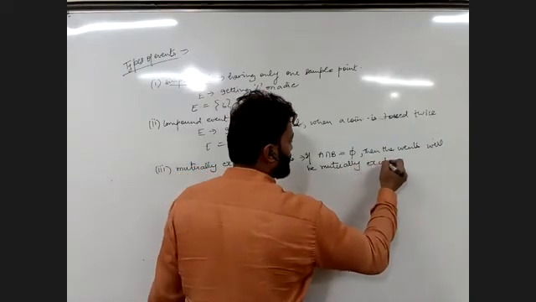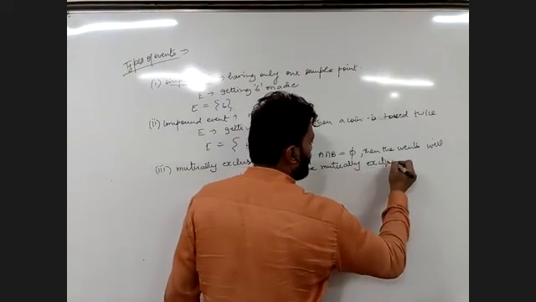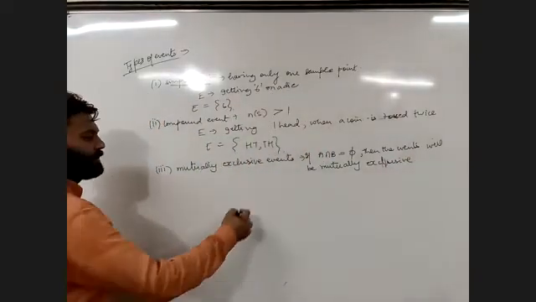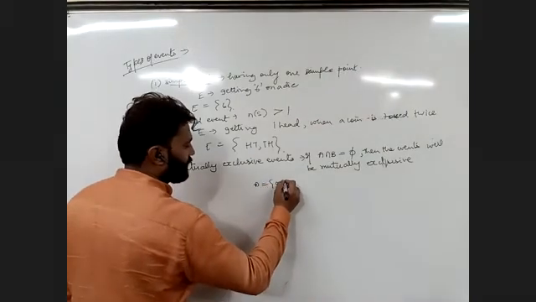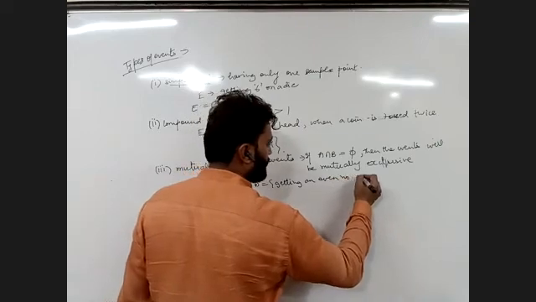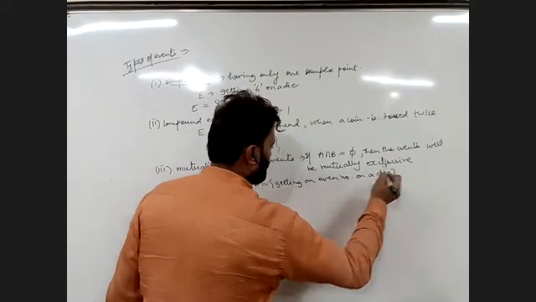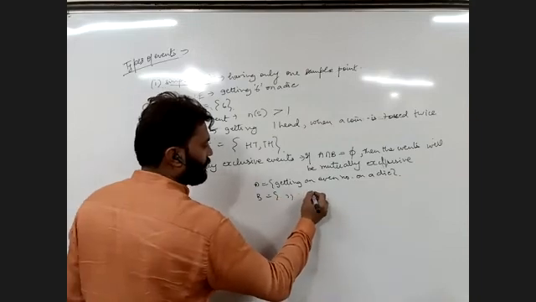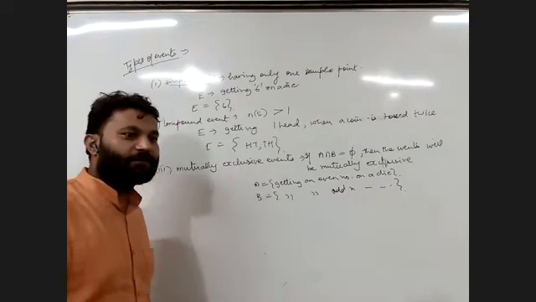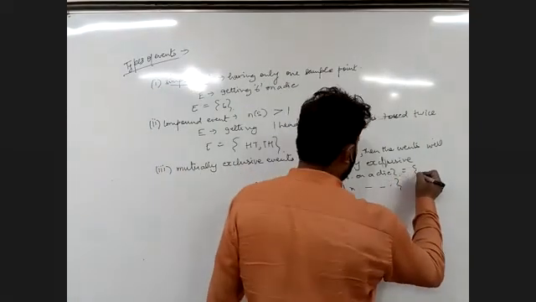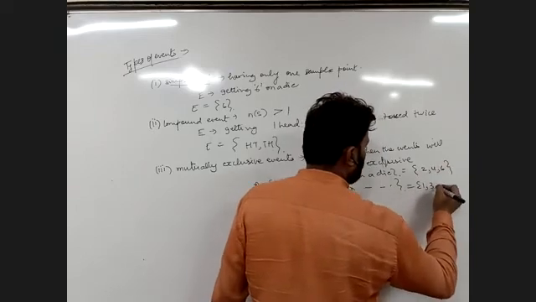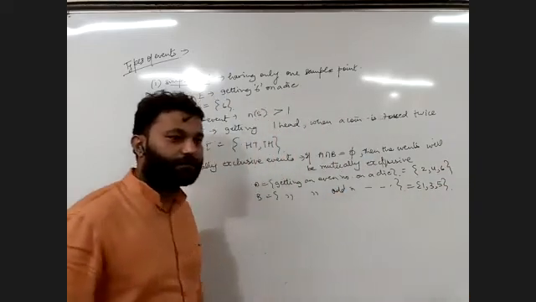For mutually exclusive events, it is mandatory that there should be nothing in common. For example, if A is getting an even number on a die, B is getting an odd number on a die, right? So these two events will be mutually exclusive because here it will be only 2, 4, 6, and here only 1, 3, 5, right?